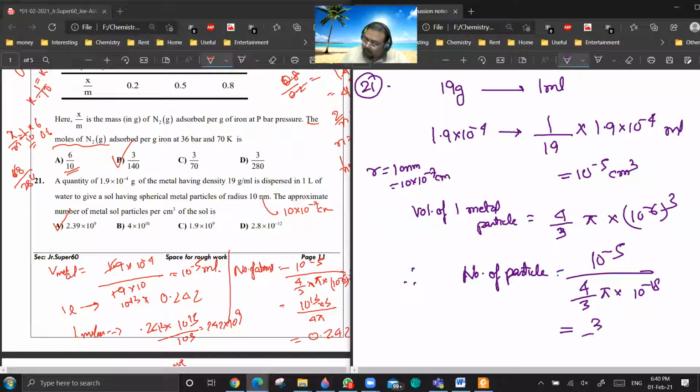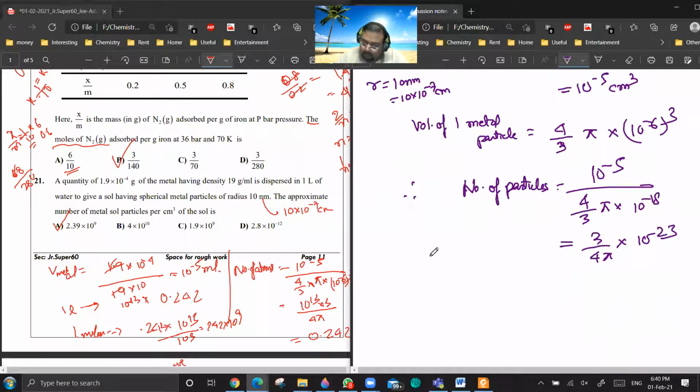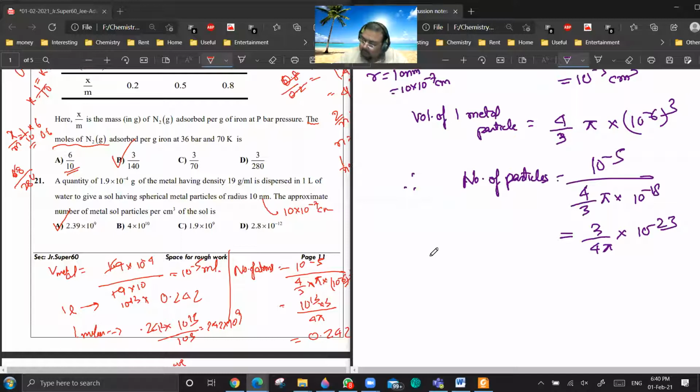So it is like 3 by 4 pi into 10 to the power minus 23. That is the total number of particles. Okay, sorry, 10 to the power minus 18 will go up. It will be 9.13. Right. So, you see, these many particles are there.